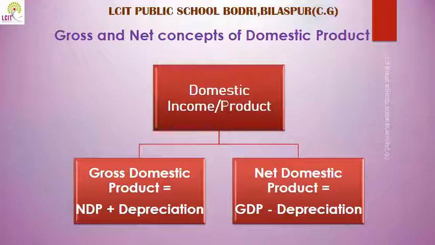If there is total production, for example, 100 lakh crores, then it is gross domestic product. And if there is some deduction of depreciation, for example, 20 lakh crores, then 80 lakh crores will be net domestic product, as depreciation has been deducted from the gross domestic product. Hope you understood this. The basic difference between gross and net concept is the depreciation.